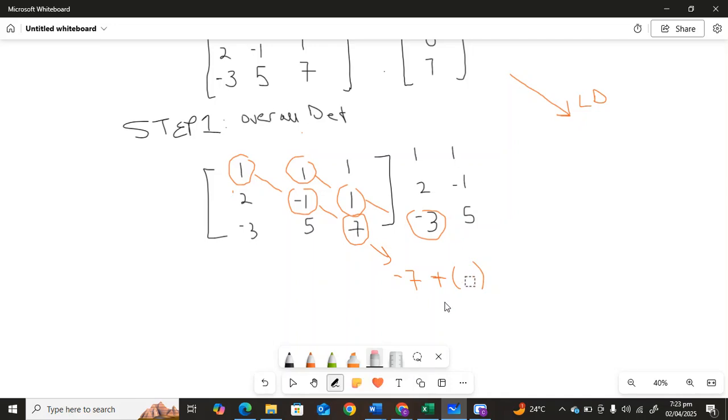Then the next diagonal: 1 times 2 times 5. That gives us 10. Any questions?